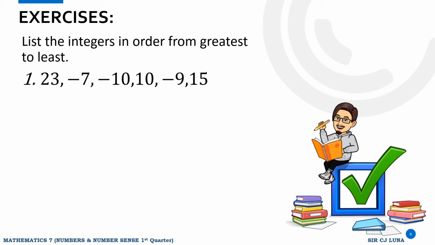We have positive 23, negative 7, negative 10, positive 10, negative 9, and positive 15. So, ang gagawin nyo dito ay aayusin nyo yung mga integers natin sa number 1 from greatest to least. Sige nga.